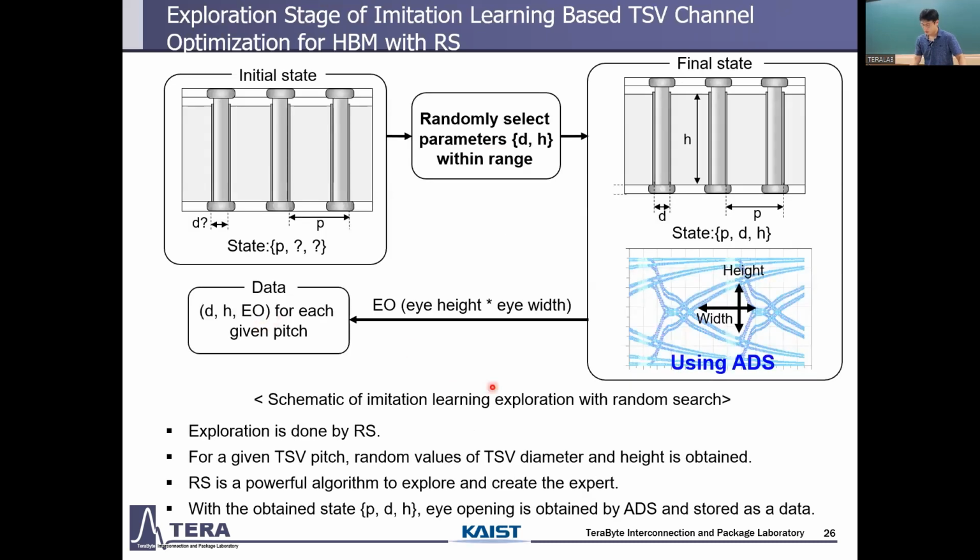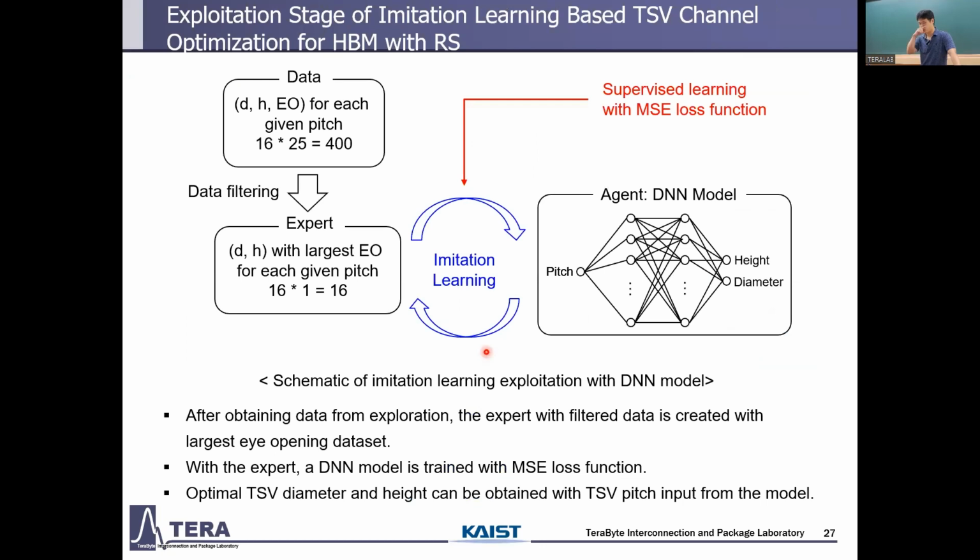With the obtained state, the eye opening is obtained by ADS, and this is the exploration part. As seen here, we have 2 stages. The exploration stage is basically just random searching diameter and height, and then getting the eye opening with the ADS tool. And now this is the exploitation stage, which is more like a little deep learning.